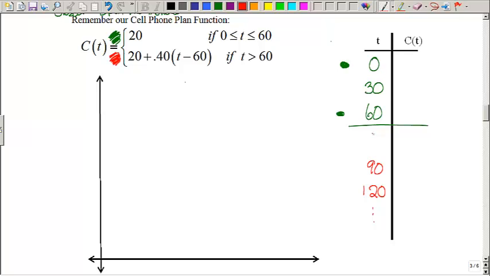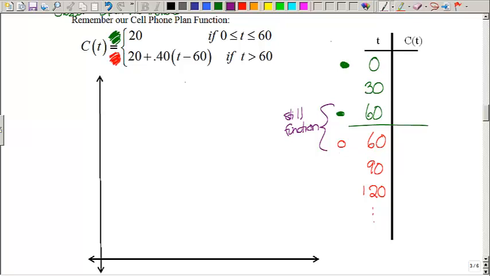So are we allowed to include 60 for the red? Well, no, we're not allowed to include it, but I do need to evaluate it at 60 so I know where to put my open circle. Is this still a function, even though I have two values of t for my domain? Well, yes, it's still a function. And the reason it's still a function is because one of the values is going to be closed versus the other value is going to be open.